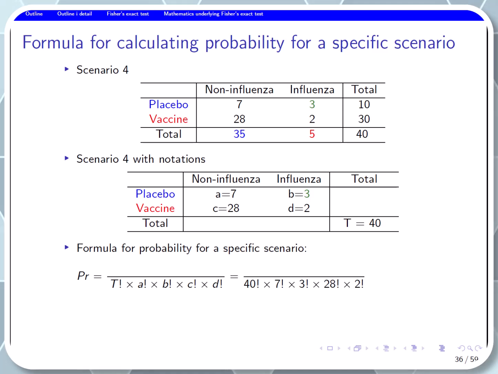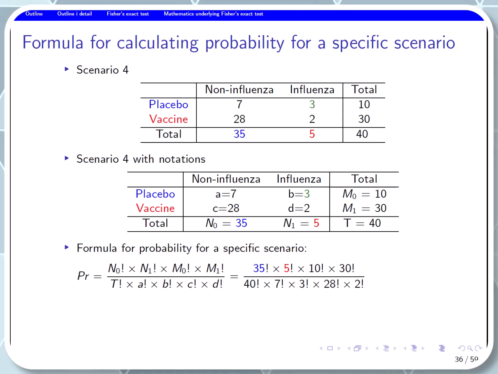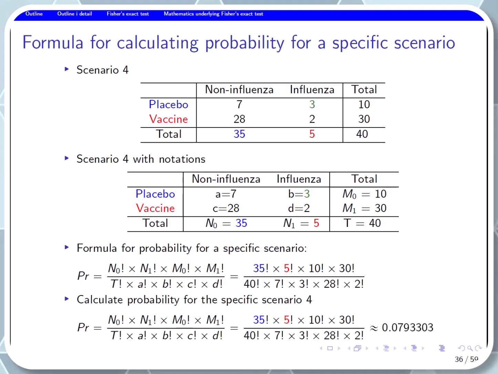The denominator is the factorial of 40, which is the total number, and the factorials of the numbers inside the table: 7, 3, 28, and 2. If we go through the calculations, the probability for this specific scenario is roughly equal to 0.07933303.